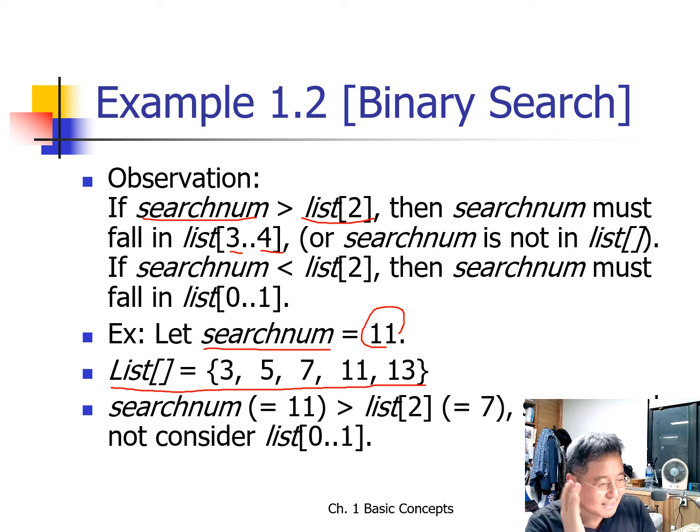So we can see that 11 cannot be located between index 0 and index 1. It must be located at the right side. Okay, so that is the binary search method.